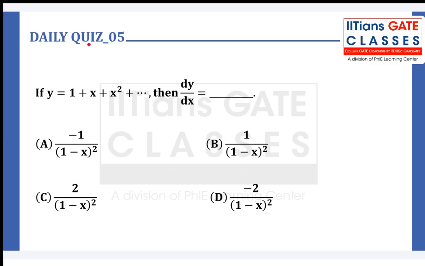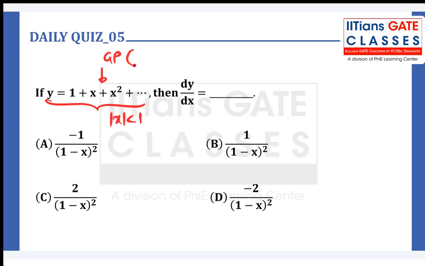This is a very interesting question because they have written y as some series of x, and they're asking dy by dx. But to solve this question they should have given you one more piece of additional information, that mod x has to be less than 1, because then this is a geometric progression, right? If you take the ratio of the third term by the second, or second by first, you get the common ratio x.